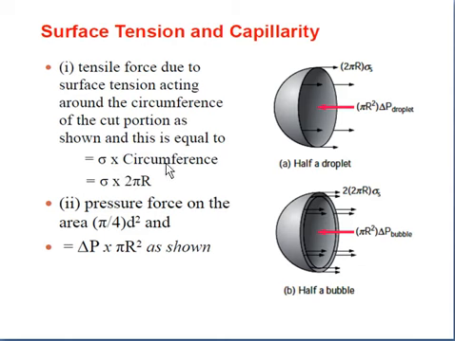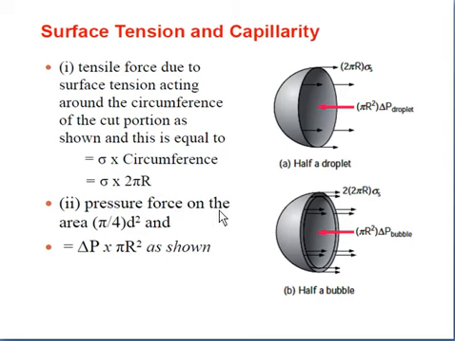What is meant by circumference? This portion. Okay, circumference, and the circumference is 2 pi r. Therefore, the tensile force is sigma into 2 pi r.